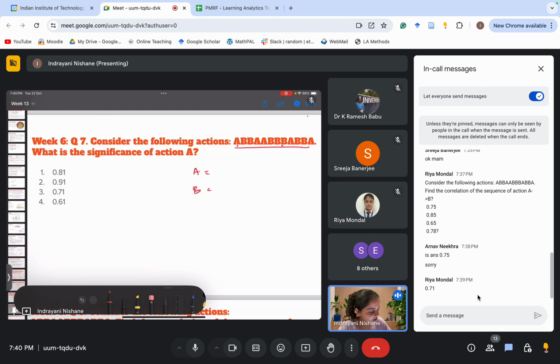So we'll count how many times A has occurred: 1, 2, 3, 4 and 5. How many times has B occurred? 1, 2, 3, 4, 5, 6, 7. So for significance or anything, we do everything relative to each other. B has the highest count, so the significance will be relative to B. B's significance will be how many times B has occurred divided by the maximum number of times, 7.